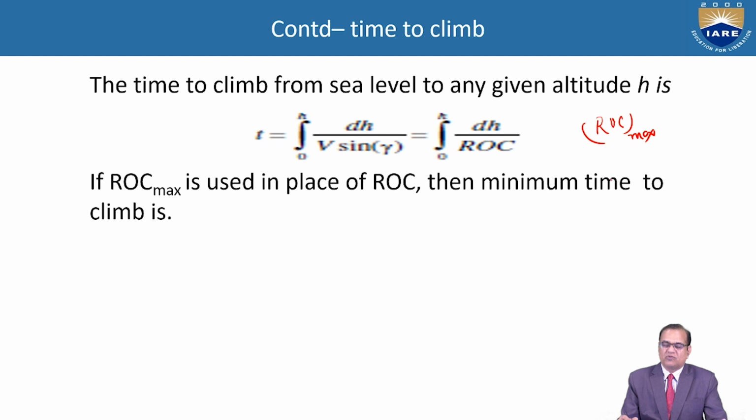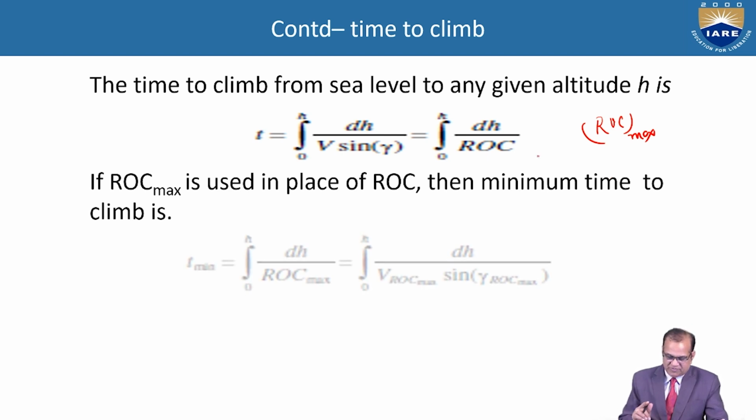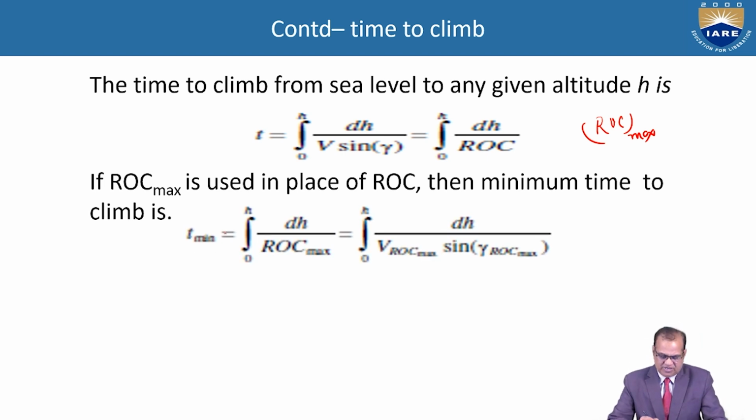So the minimum time to climb is t minimum equal to the integral from 0 to h of dh by the maximum rate of climb, which is V sine gamma at maximum rate of climb. So the summation of delta h by ROC maximum for the given gamma. If you neglect the gamma, we get delta h by the maximum rate of climb.